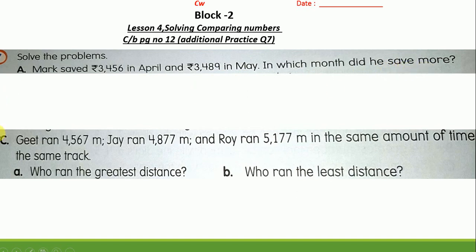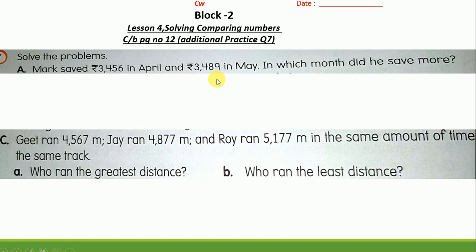The question asks about the amount he saved in the month of April and in the month of May. Both amounts are given to us, isn't it? In April he saved rupees 3,456. In May he saved rupees 3,489.